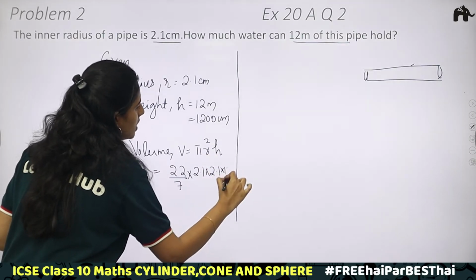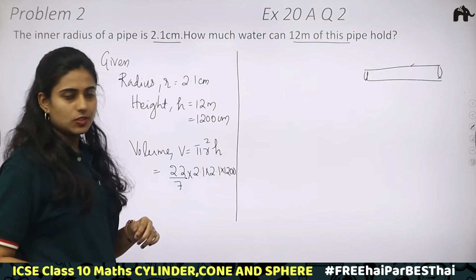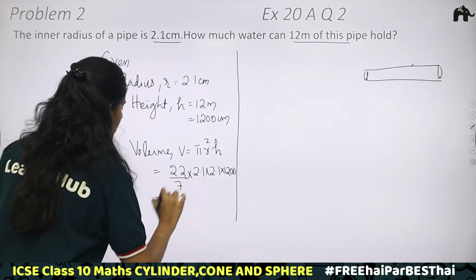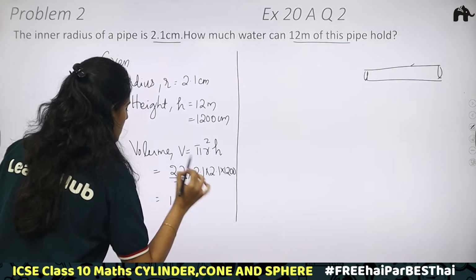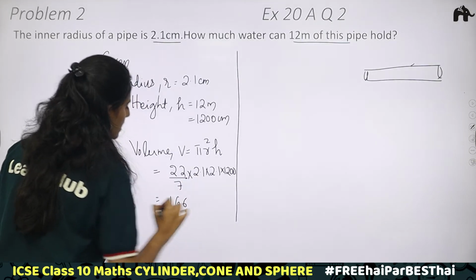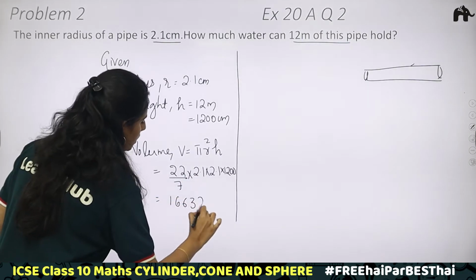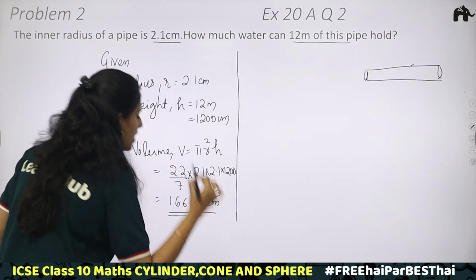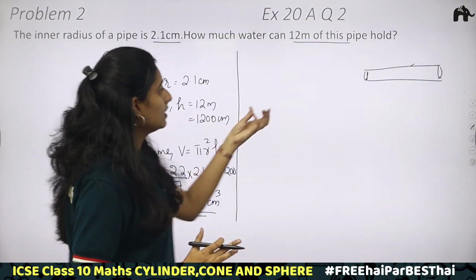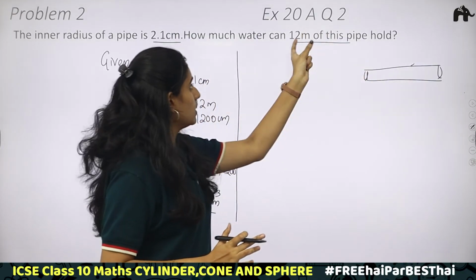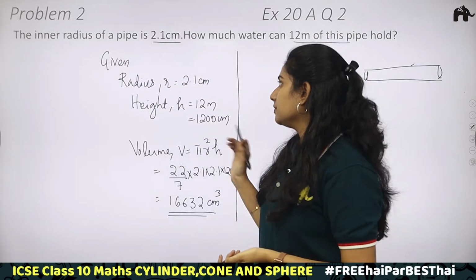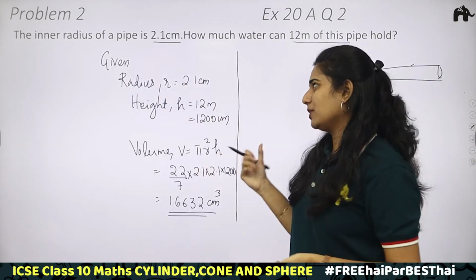Height is 1200. When you do this calculation, you will be getting 16,632 centimeter cube. So this is the amount of water that this pipe with 12 meter of length can hold. Okay, very simple question, right?